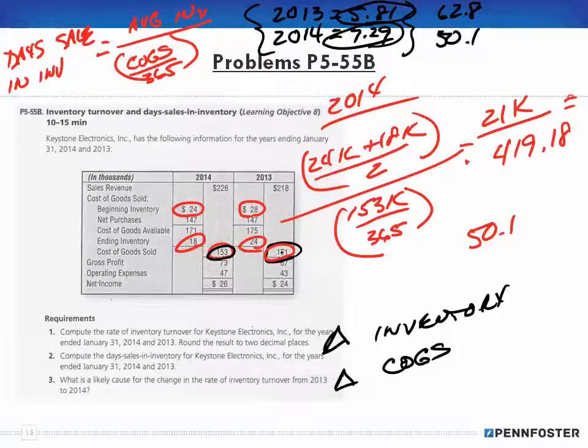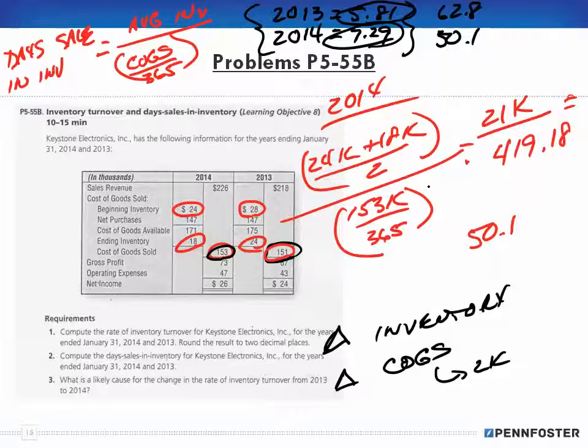So if we look at the cost of goods sold, we notice that that stays pretty much the same. The difference in the cost of goods sold from year to year is only $2,000, and as a percentage of 150,000, 2,000 divided by 150,000, you're only talking about approximately a 1% difference.